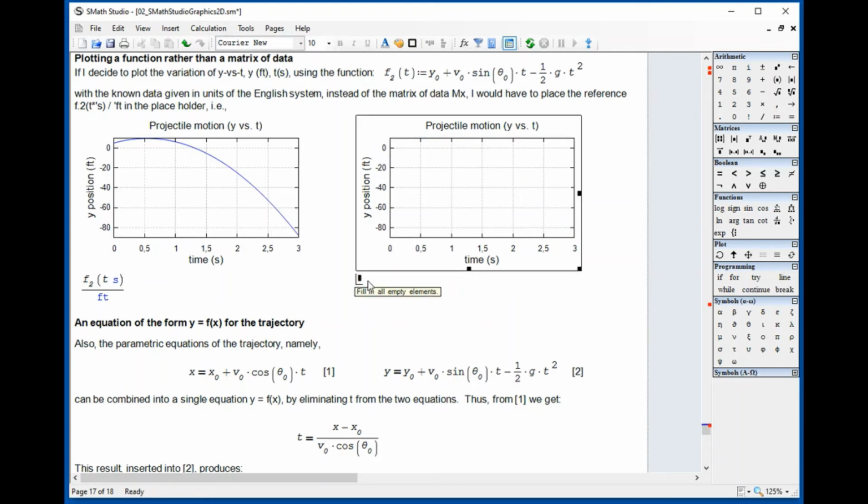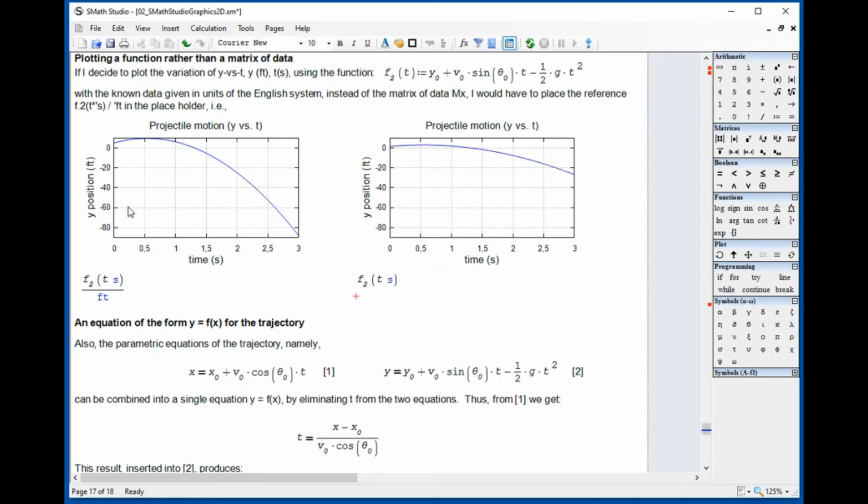And then I type F2 of T. If I do that, nothing's going to happen because T needs to have units of time in order to produce results for F2. So I can say times apostrophe s. And now I get a graph. But the graph is wrong because this is in meters and my data here is in feet. And so if I divide this whole quantity by apostrophe ft, then I get the right graph.